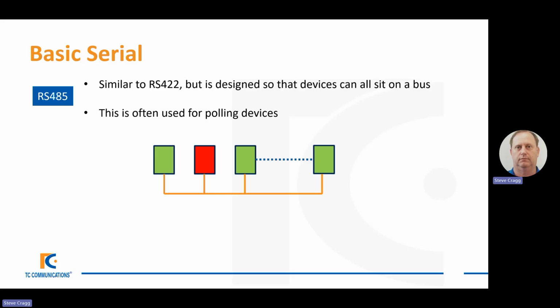Now, again, this is an electrical standard, so we have not defined how the units talk to each other. What is very common is that each of the devices is given an ID. In this case, I'll choose the second one from the left, so we'll call this device 2, transmits data.